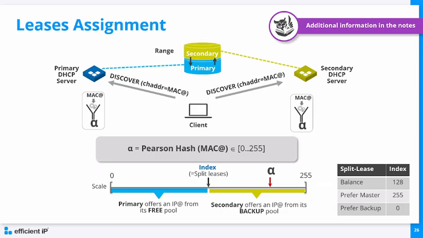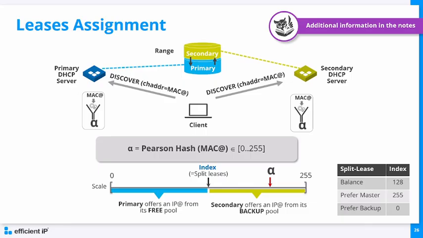So now you have two active DHCP servers, both able to offer. Which one will offer to a single client? You cannot have both DHCP servers offer to the same client. So they have to determine which one will offer.